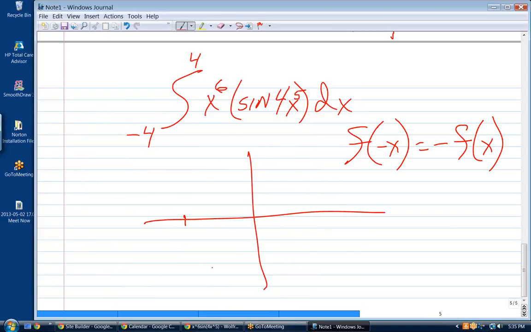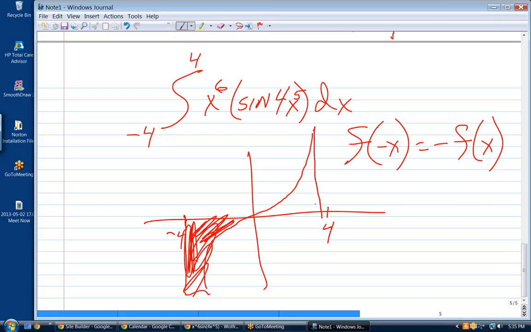Or let's take this problem here. It might be a little easier to understand if I use this. Let's go from minus 4 to 4 on this, and let's say we want the net area of that. Well, clearly, if we go from minus 4 to 4, this is y equal x cubed.